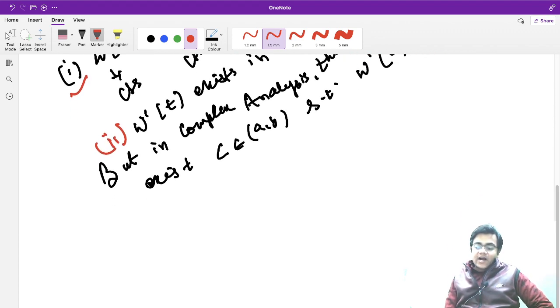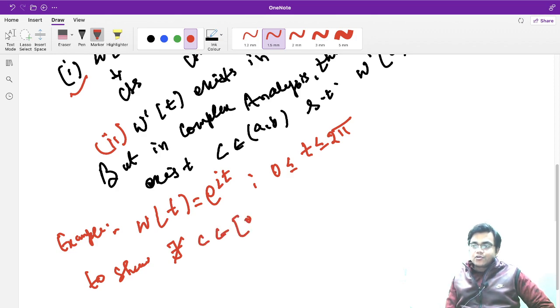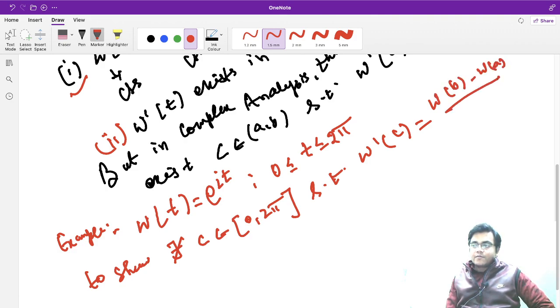For example, if I will give you w of t is equal to e to the power iota t, and your t lies between 0 to 2 pi. Then to show there does not exist c in between 0 to 2 pi such that w dash c is equal to w of b minus w of a upon b minus a.